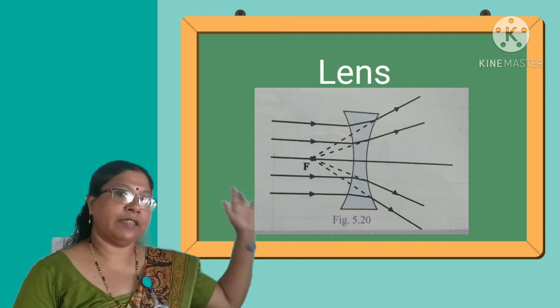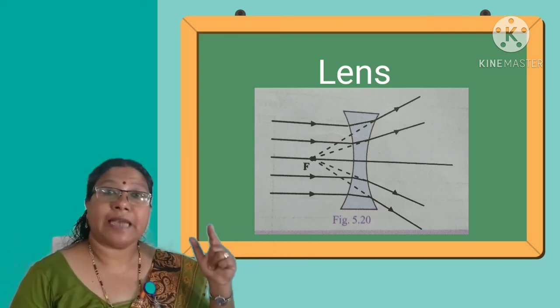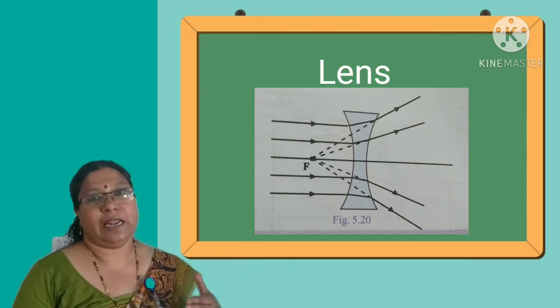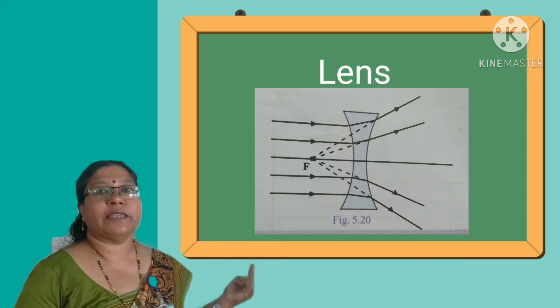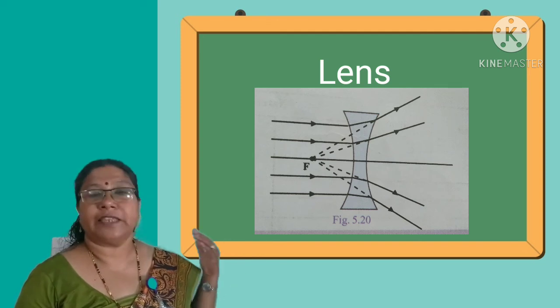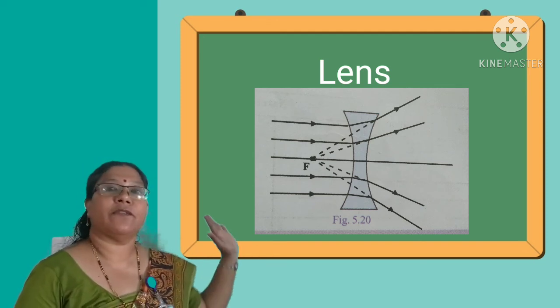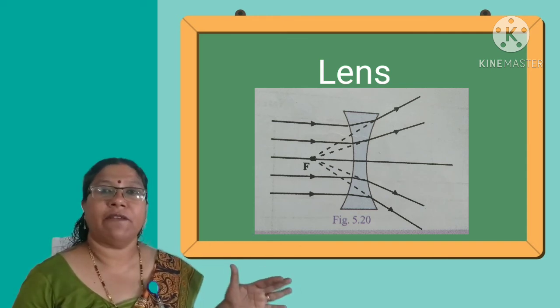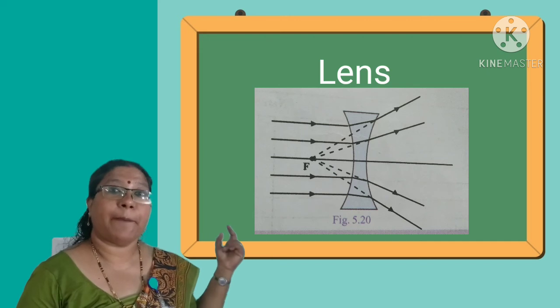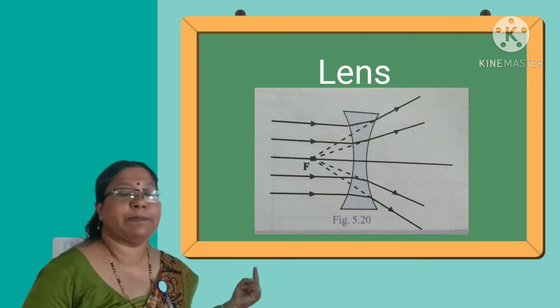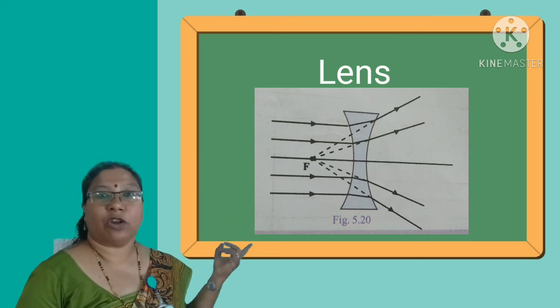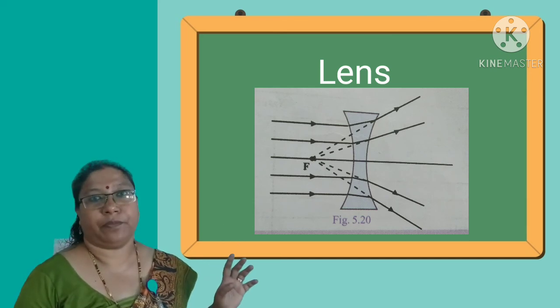That is, they diverge away, but they appear to have come from a point in front of the lens. The appearance is shown as a dotted line. In the case of a convex lens, the rays of light meet on the other side. But in the case of a concave lens, the rays of light appear to have come from this point. Since it is only an appearance, it is given as a dotted line.